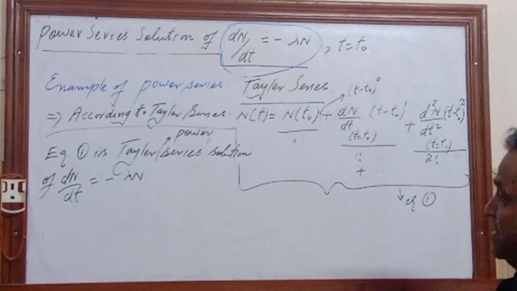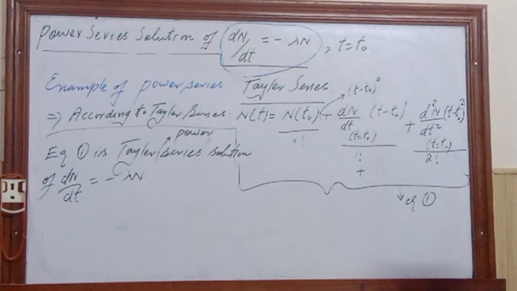Here the interesting thing is that the Taylor series gives us the values of the unknown coefficients we were talking about in the case of the general power series.